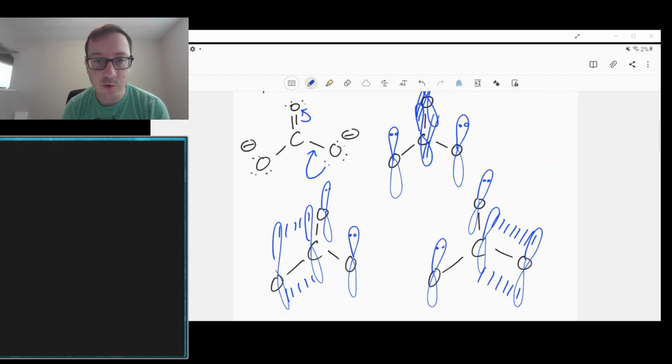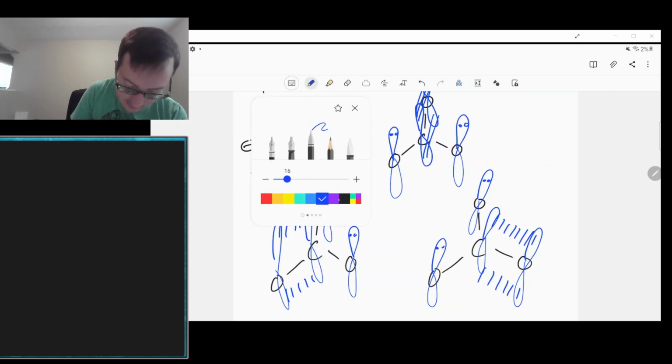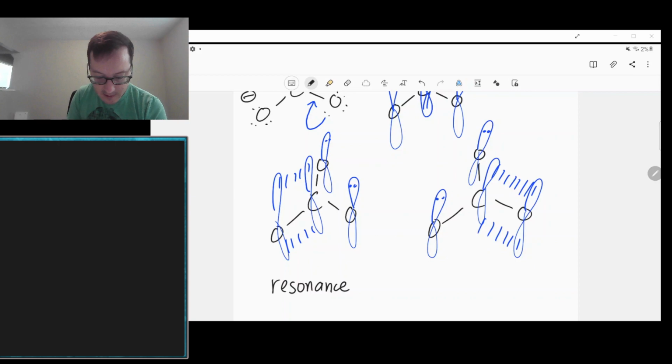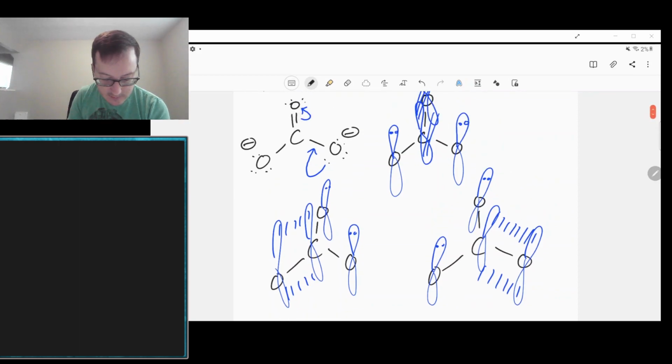We can move electrons from p orbitals to form double bonds and break other double bonds and form lone pairs in different p orbitals. This is the idea of resonance again. This is resonance. So we really have 6 electrons here that are moving about.